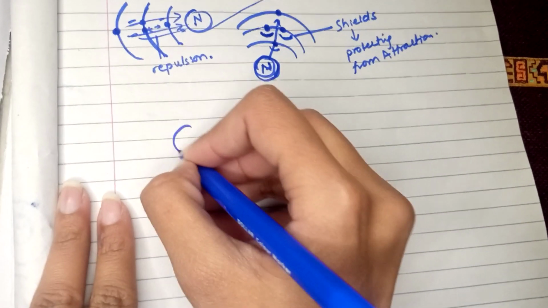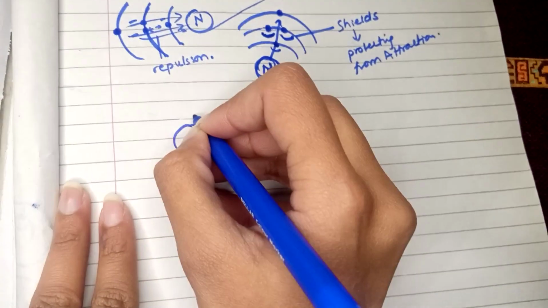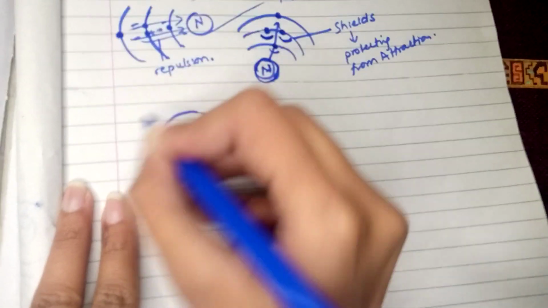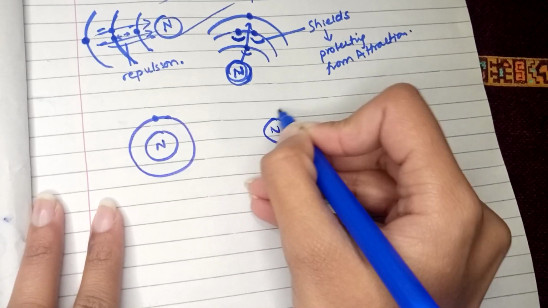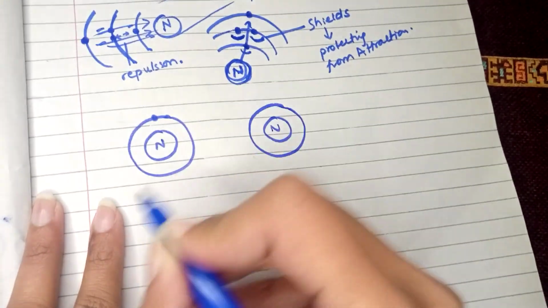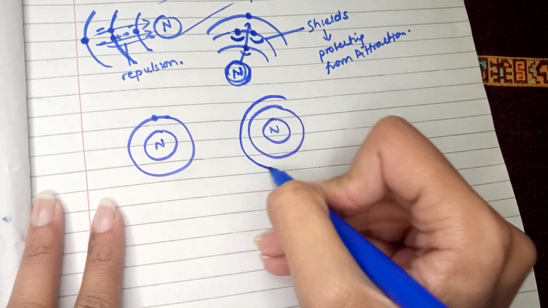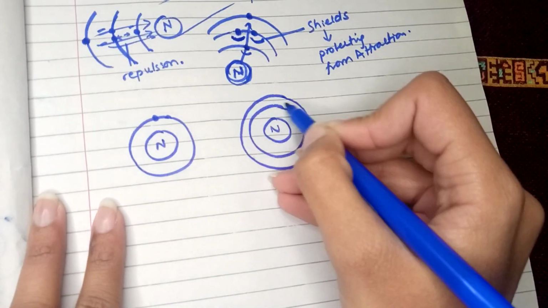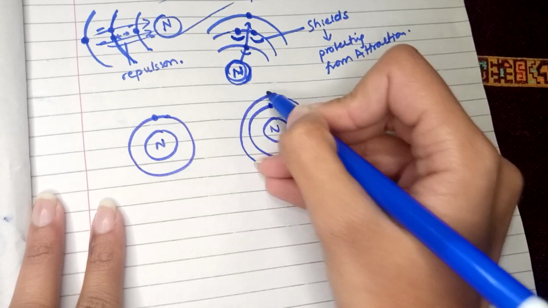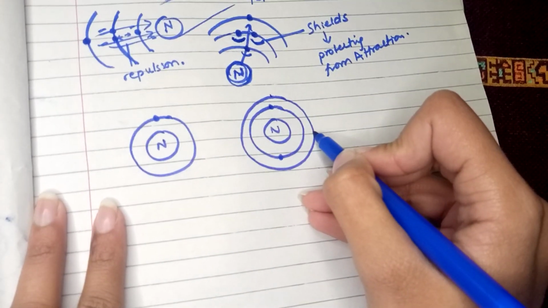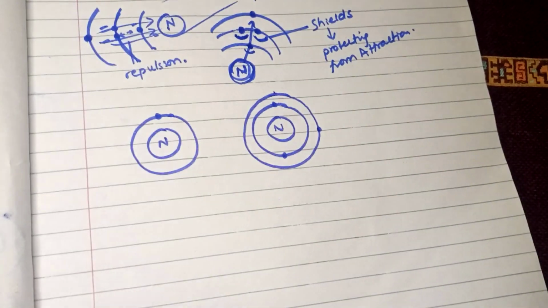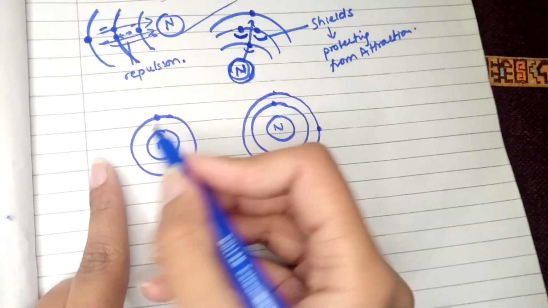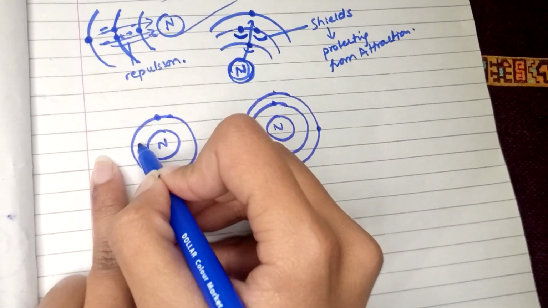Now, for example, this is the nucleus and this is the outermost shell. We're going to add one shell too. As in this figure you can see there is no inner shell.